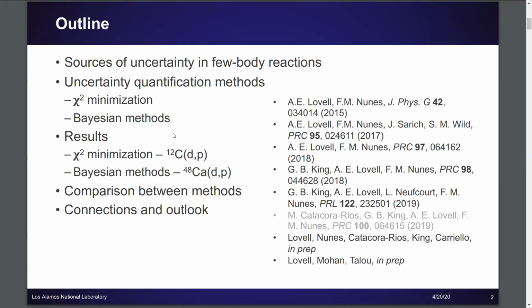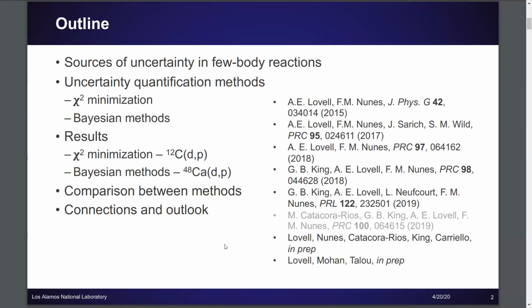I'll show results for both of these methods, and then show some work that we did looking at a comparison between these two methods. And then finally, I'll make a connection to some of the work I'm doing now at Los Alamos, as I've sort of shifted gears since I left the NSCL, and then give a summary.